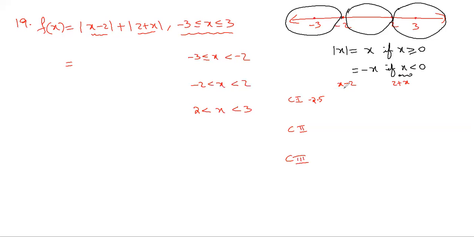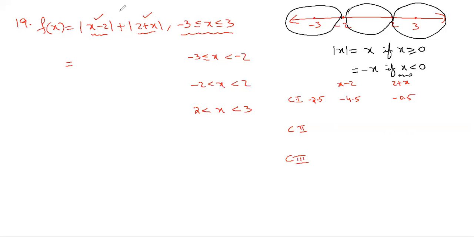Now substitute minus 2.5 in x minus 2. Minus 2.5 minus 2 is minus 4.5. You're getting a negative value. Substitute minus 2.5 in the other expression: minus 2.5 plus 2 is minus 0.5. So you understood that in this interval, we took one number randomly and verified. You take any number, the inside of the modulus expression for the first one is negative and the second one is also negative.